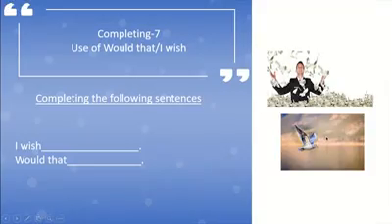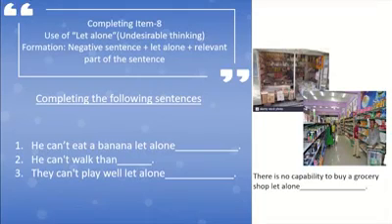It is a picture of a millionaire, and it is a picture of a bird which is flying. Let's, dear students, complete the following sentences. I wish I were a millionaire. And the next example is: would that I were a bird.